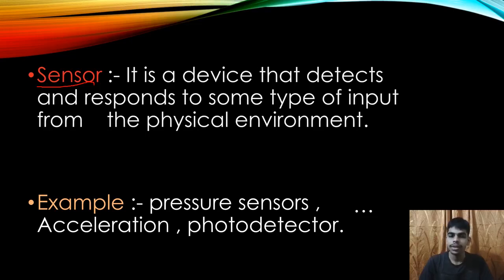Like that, there are so many devices which are able to sense so many chemicals, and so many applications present in our world through sensors. For example, take your mobile phone.